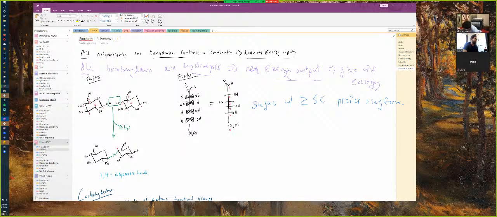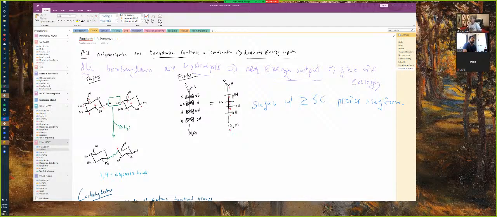So essentially, I wrote out, like, a Fisher projection of a sugar.